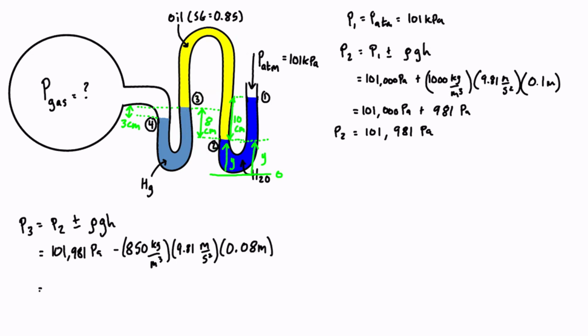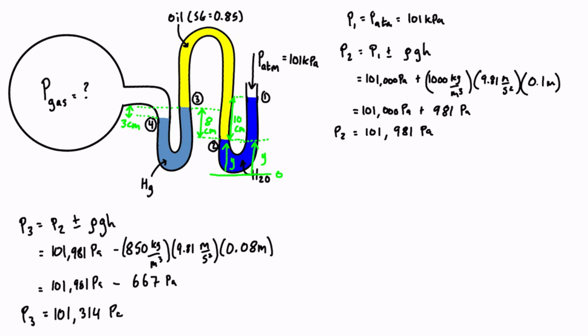Simplifying, we get 101,981 pascals minus 667 pascals. Not much of a change there, but we find that P3 is equal to 101,314 pascals, or about 101.3 kilopascals.